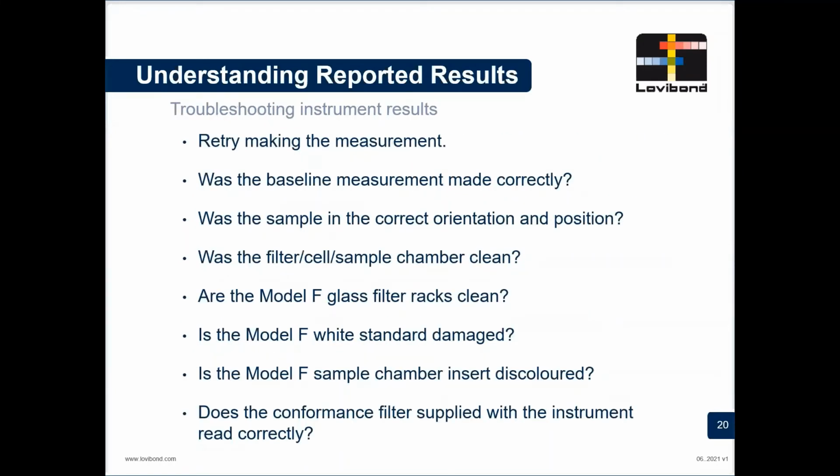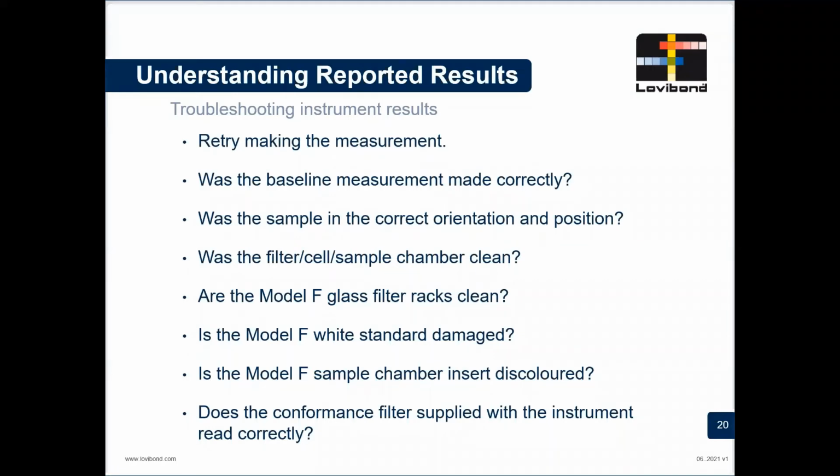So what should we do if we find some problems with our measurement? Well, first we need to make sure that we haven't got a bad measurement. So we might then retry making the measurement. Did I get the same result? Did I do something wrong the first time? Maybe I pressed the button too soon.